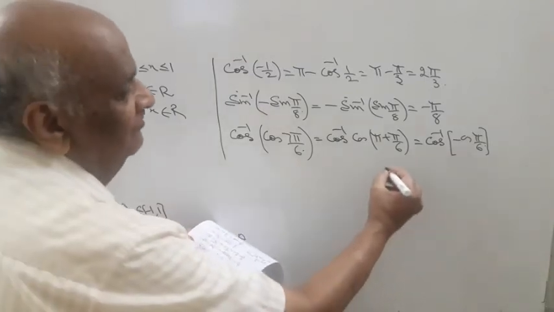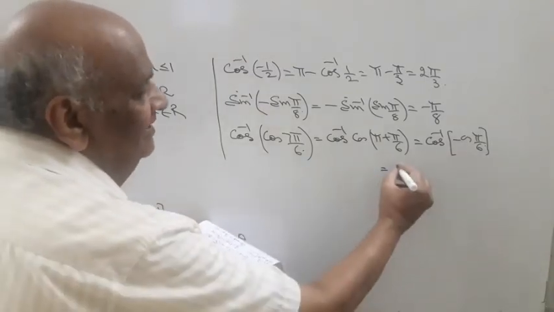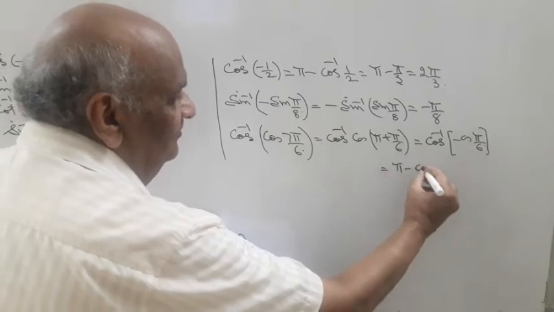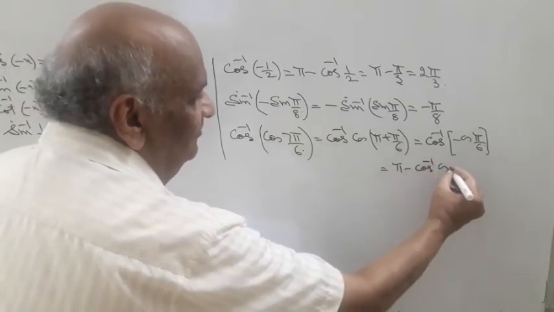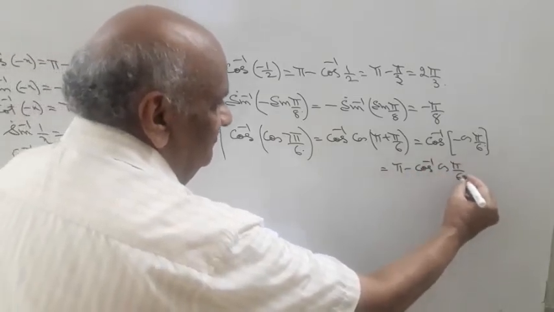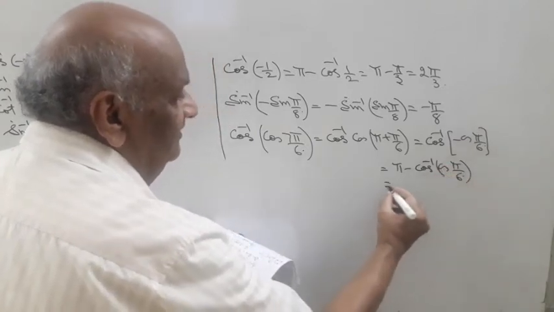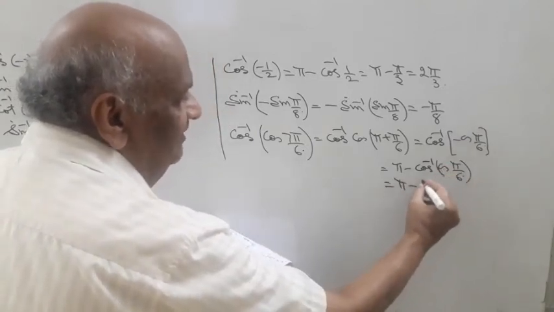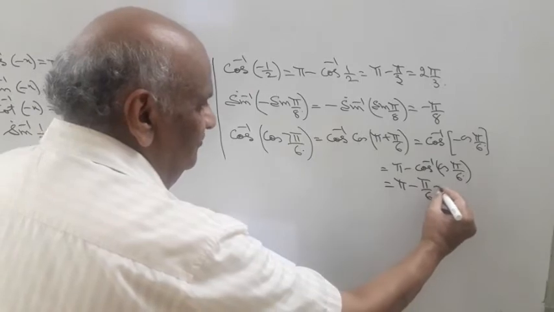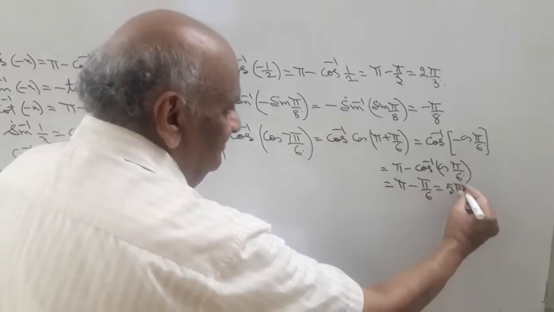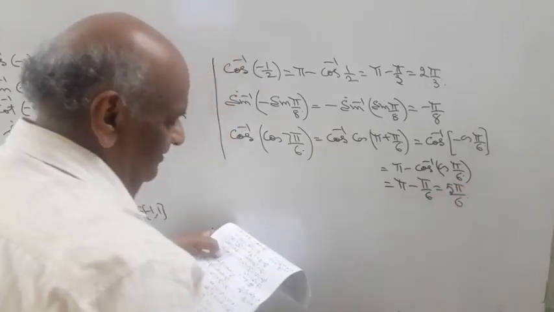This is just equal to pi minus cos inverse of cos pi by 6. Look, and that is pi minus pi by 6. The value is 5 pi by 6.